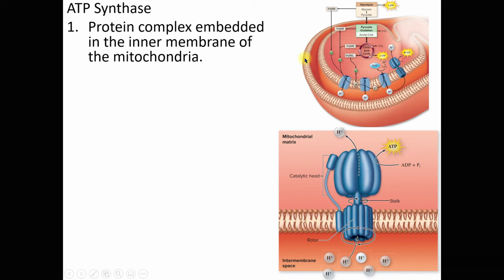So this is the mitochondria outer membrane, and this is the inner membrane of the mitochondria. In the inner membrane of the mitochondria is where the ATP synthase can be found.